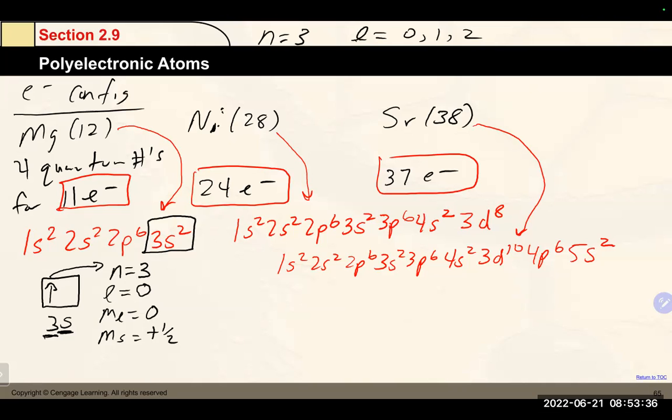Let's do the same thing with this one, which is 24. So 24 electrons would put us in here, where we would find our 24th electron, in that subshell which is our d. And again, in this case, you could just draw out the d's, which would be 5 boxes because there's 5 different orbitals.